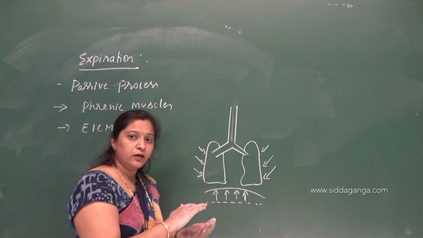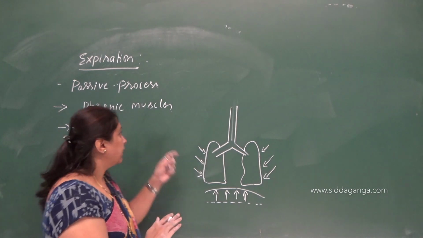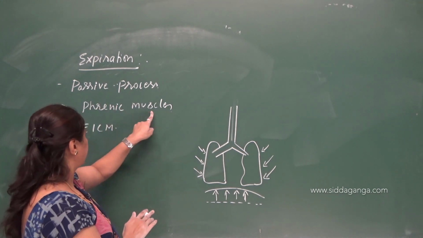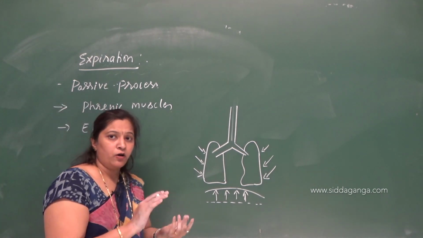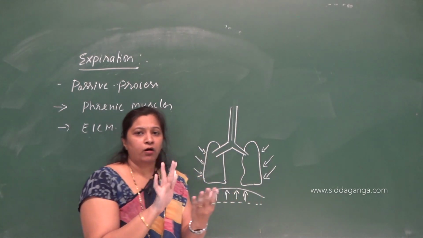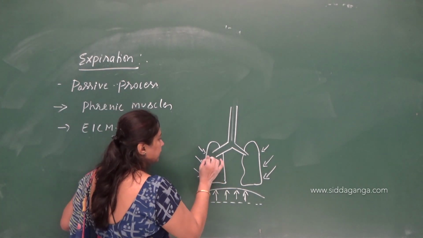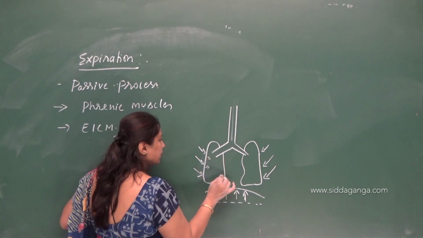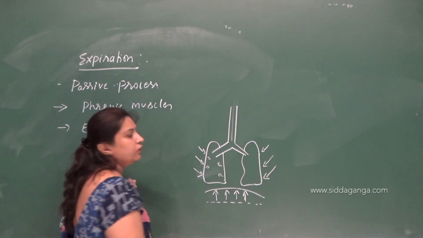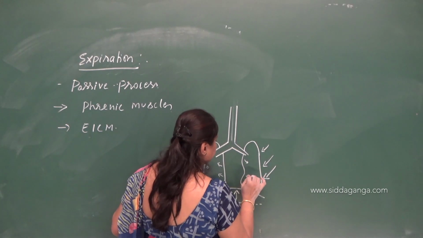So this further decreases the volume of the thoracic cavity. The relaxation of phrenic muscles and external intercostal muscles decreases the volume of the thoracic cavity. Once the volume of the thoracic cavity decreases, the intrapulmonary volume also decreases.